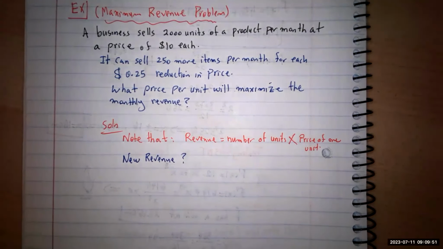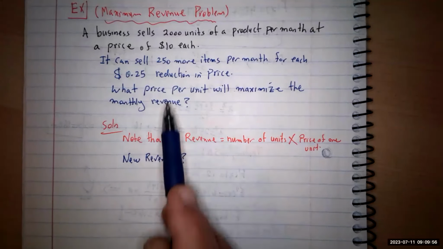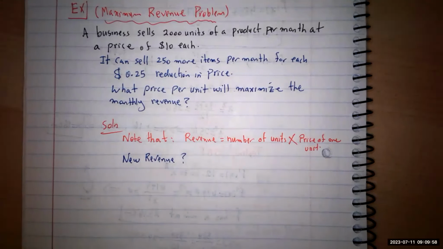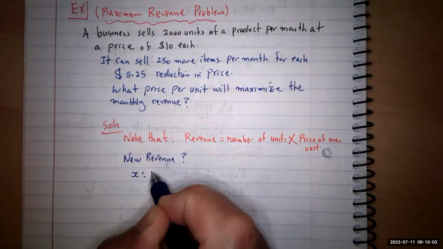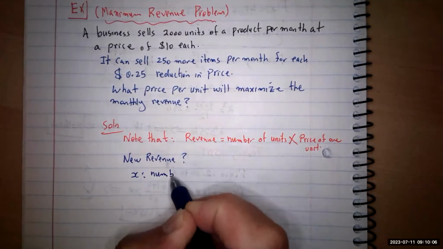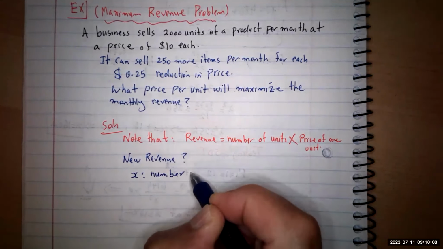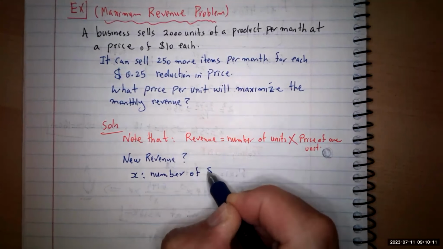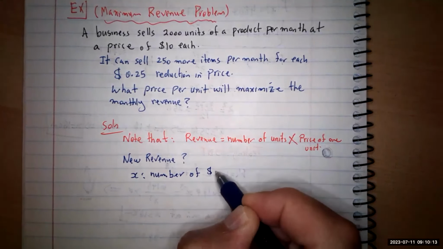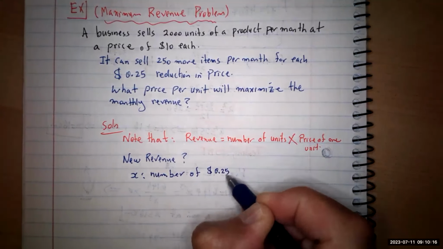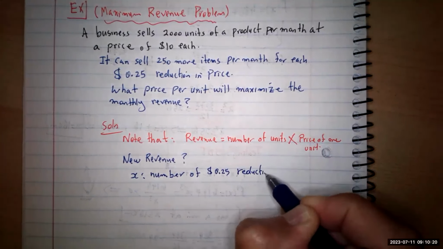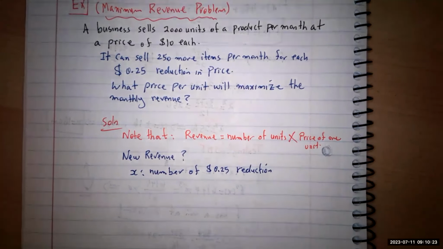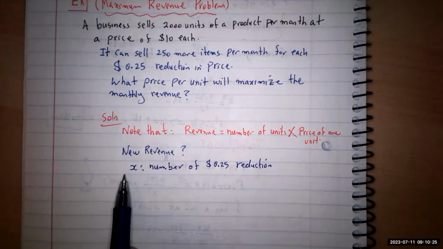Now, in order to propose the function, you are going to take x to be the number of times that we do those reductions. So x is the number of 25 cents, $0.25 reductions. Now you get R of x to be your revenue function.